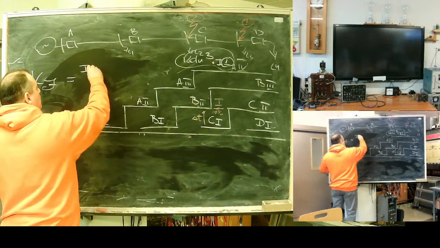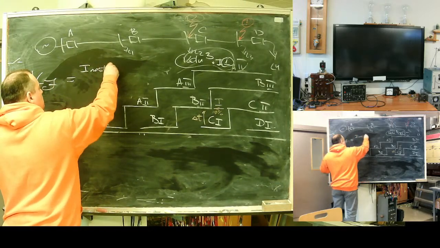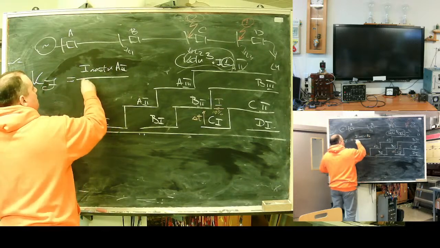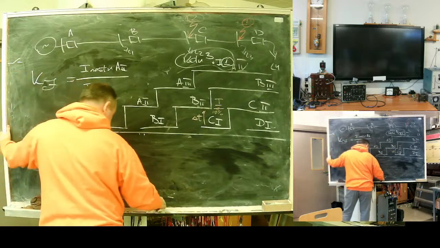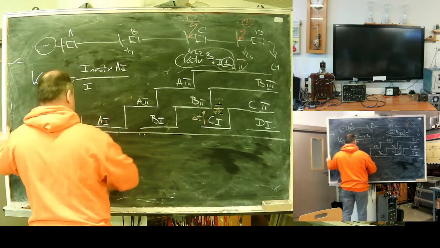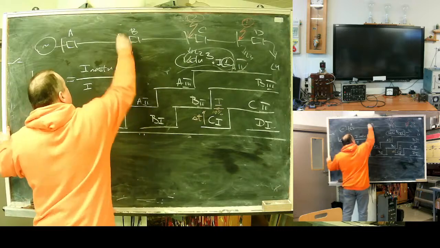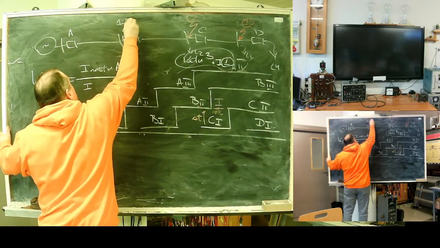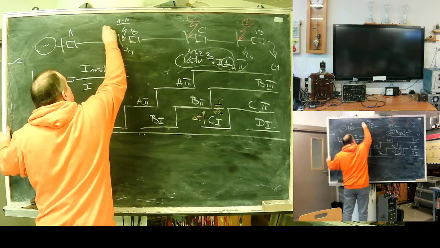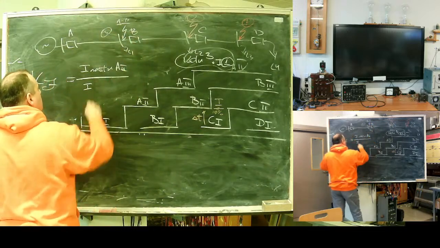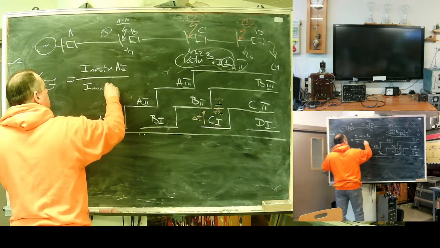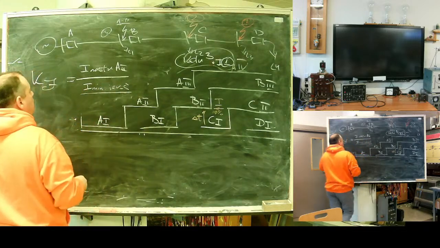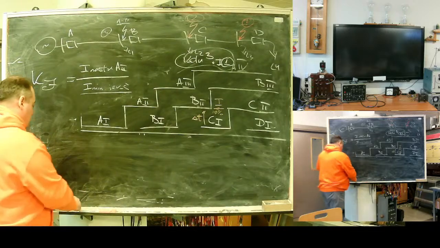For example, if Nostra divided by I min internal, minimal internal current.